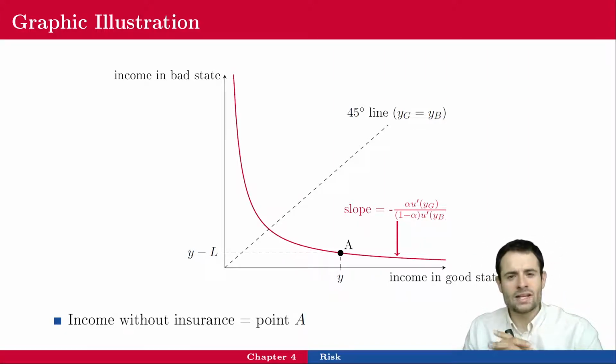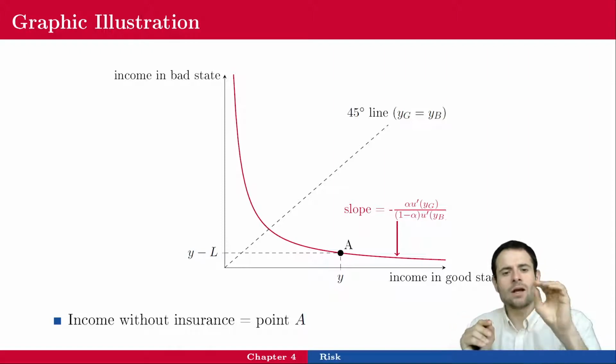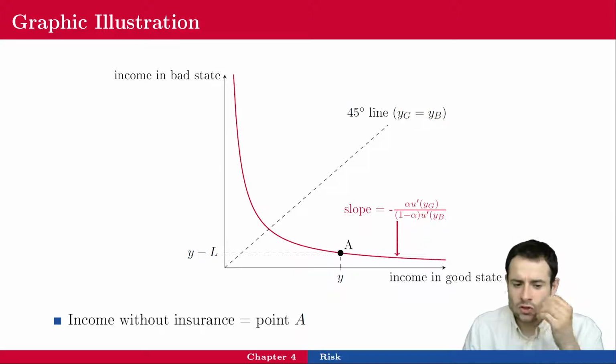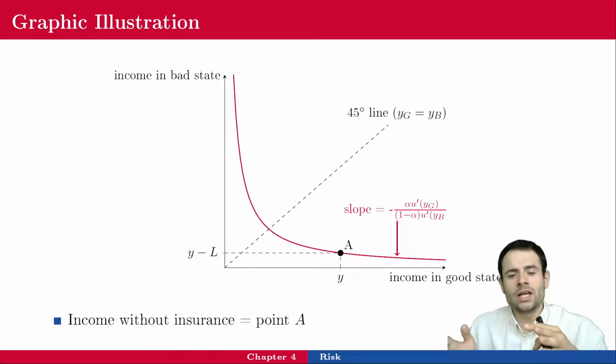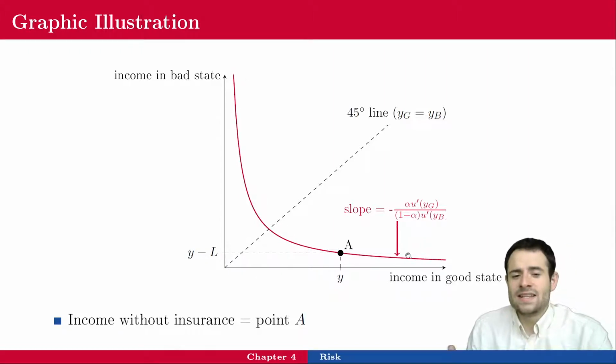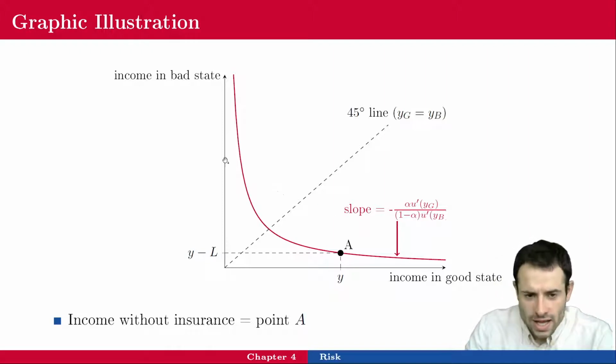So instead of representing x1 and x2, in this graph, I'm going to represent income in the good state and income in the bad state. Now, let's start with point A. Point A corresponds to the income without insurance. If you don't get any insurance and nothing happens, your income is equal to Y. If, however, bad things happen, an accident, but you're not insured, your income will be Y minus big L. Now, this red curve is the indifference curve, along which any pair of incomes would make the individual indifferent.